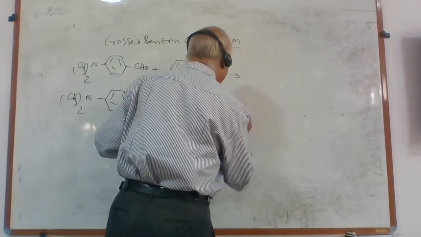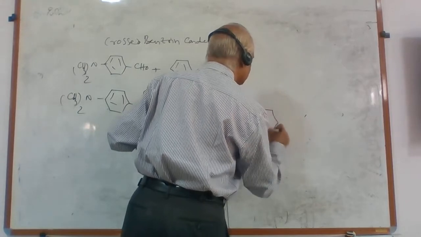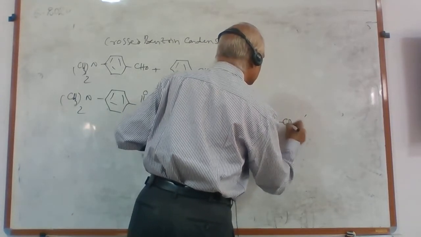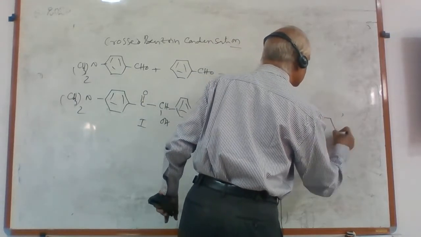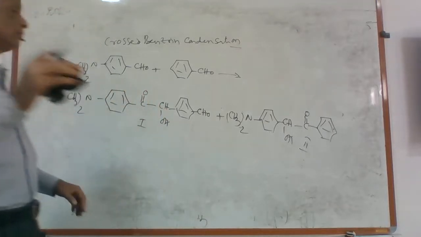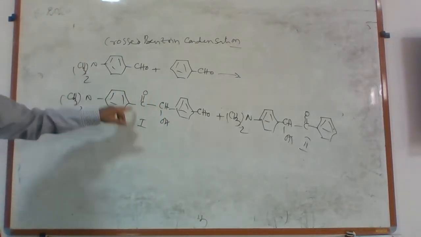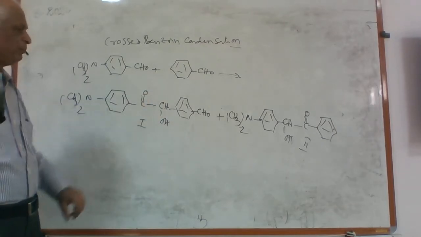the product will be like product 2. Look at this simple structure. Keto group, alcoholic group.